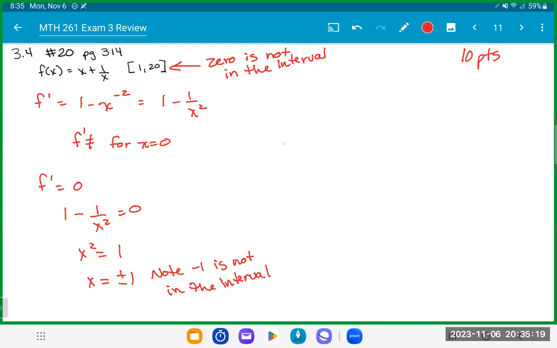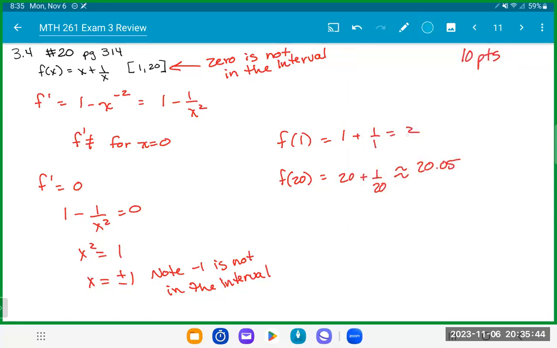Okay. So let's look at f evaluated at 1. That is 1 plus 1 over 1, which is 2. Let's look at f evaluated at 20. So that is 20 plus 1 over 20 equals roughly 20.05. Okay.